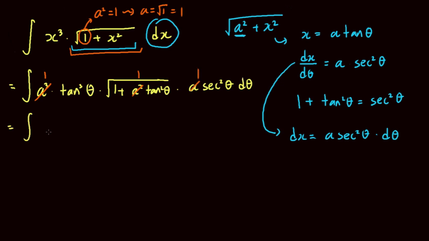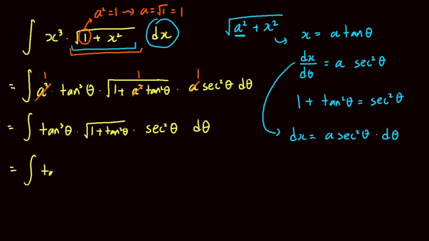So we're just left with tan cubed times the square root of 1 plus tan squared theta, times sec squared theta d theta.